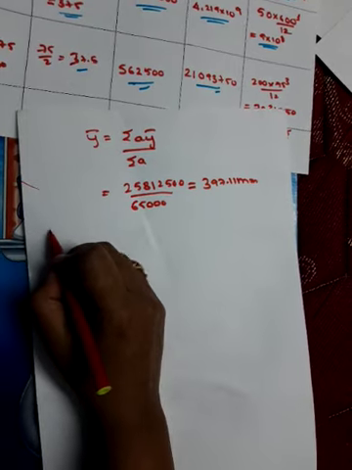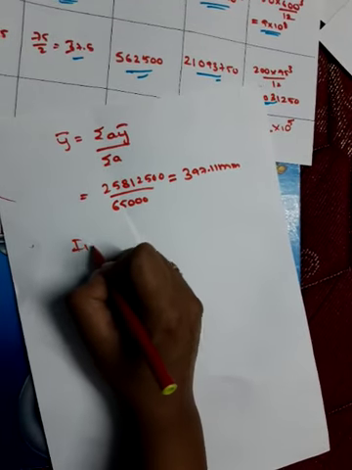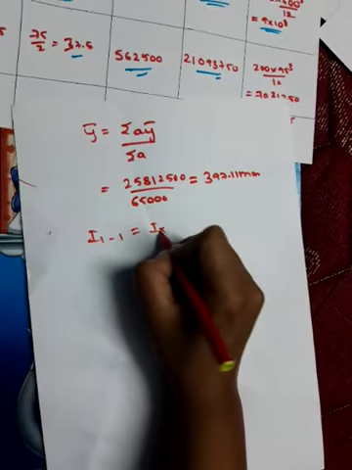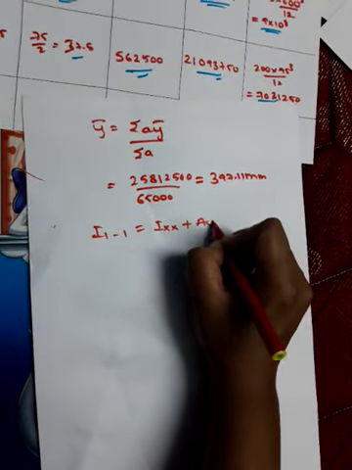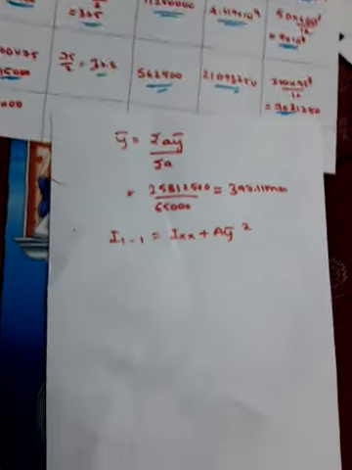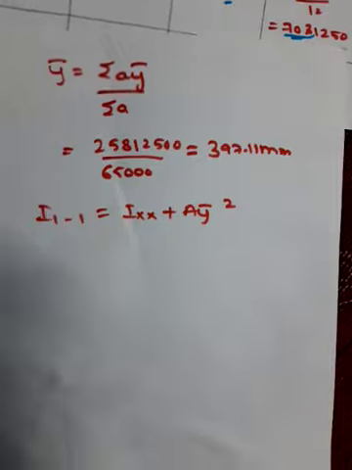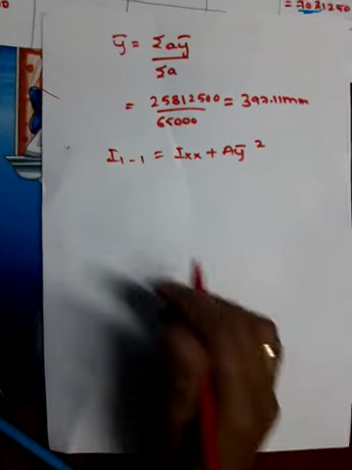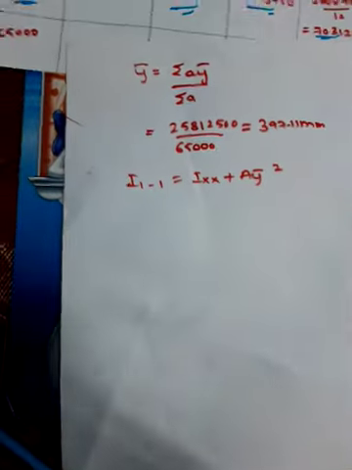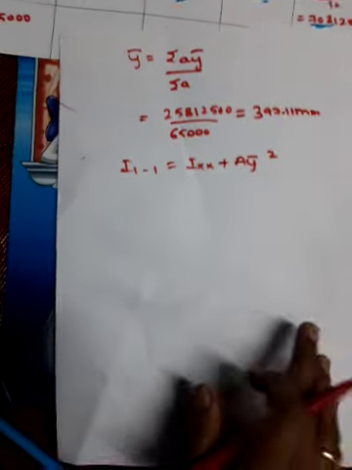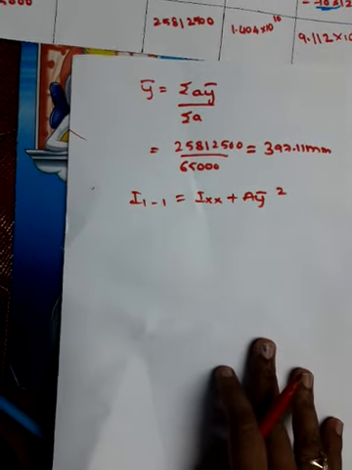Now see, we know that I11 is equal to what? Ixx plus A into y bar square. So this is the parallel axis theorem. And we also know that already we have the I11 value, no?